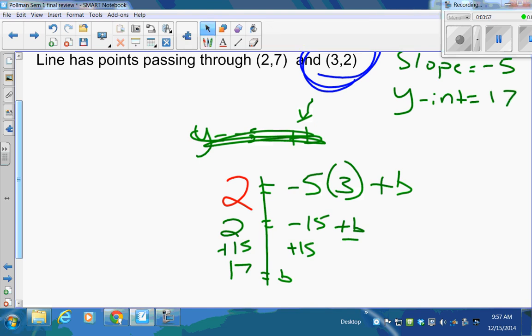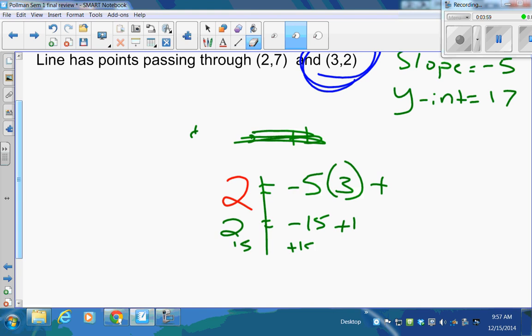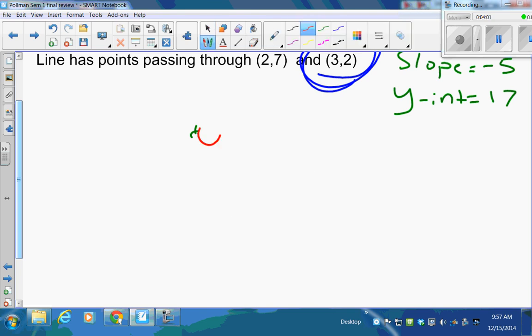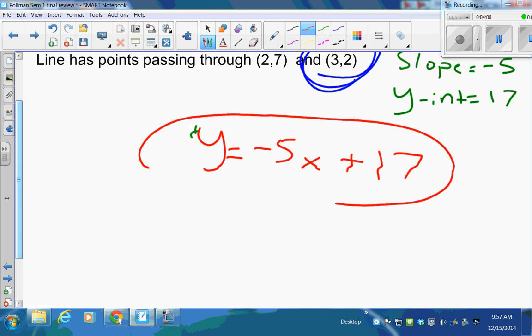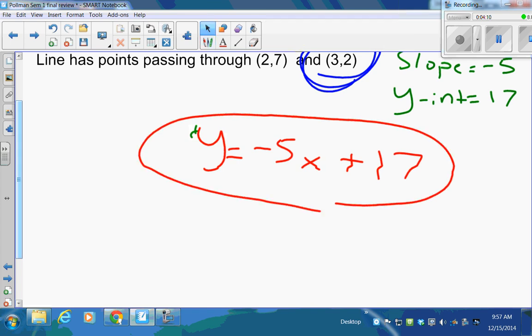So my final equation is y equals negative 5x plus 17. There is a question almost identical to that on the test. I know I moved quick because we've done that many times, but if you don't know, please come see me right away.